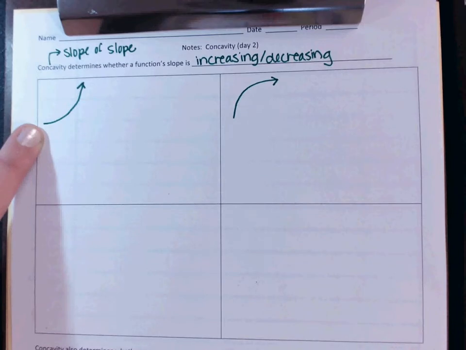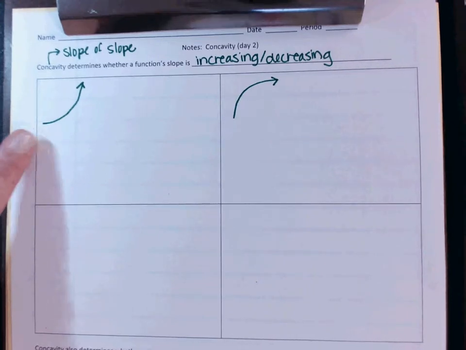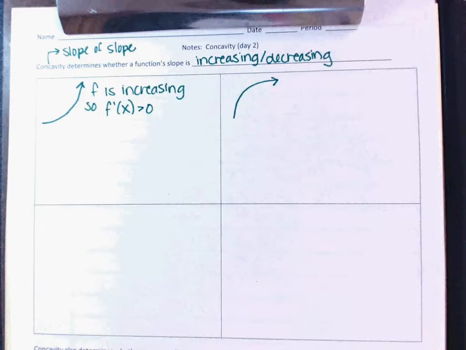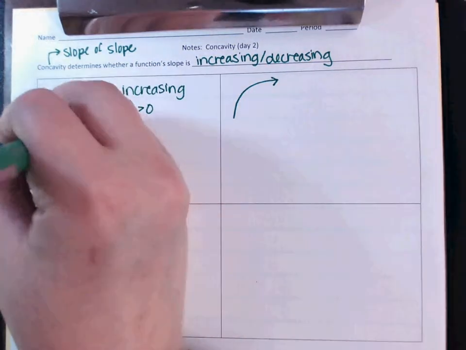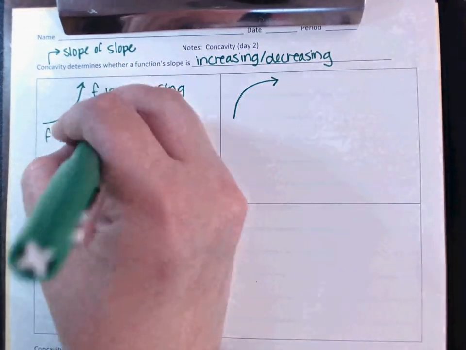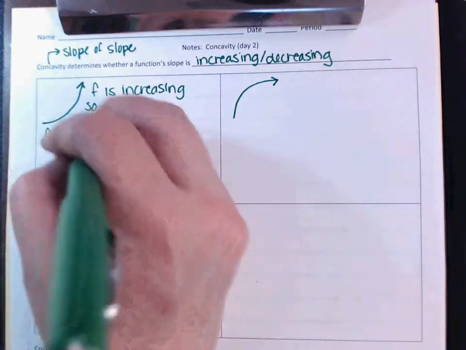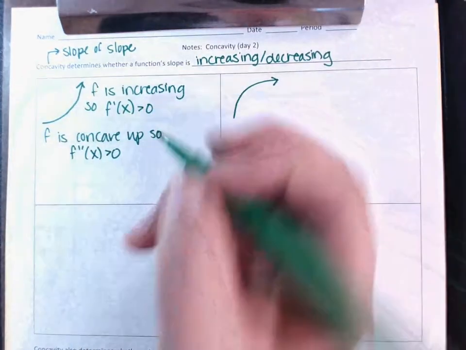We're about to write this down in a second. Is my second derivative positive or negative? How do we know? Because it's concave up, yeah? So I'm going to put f is increasing. So f prime of x is greater than 0. F is concave up. So f double prime of x is greater than 0.